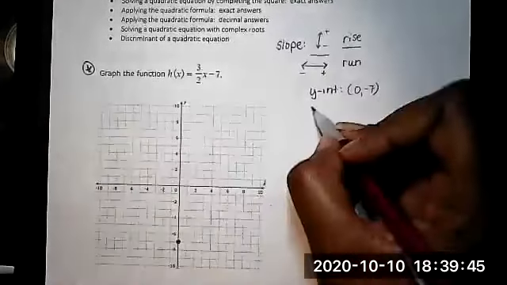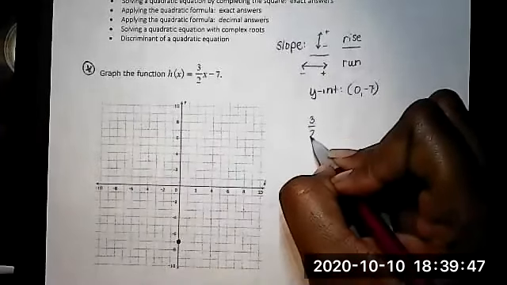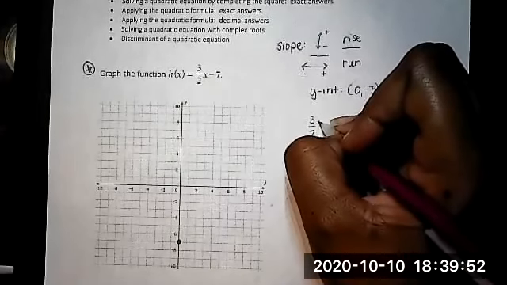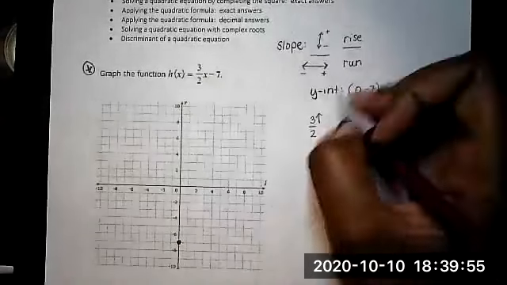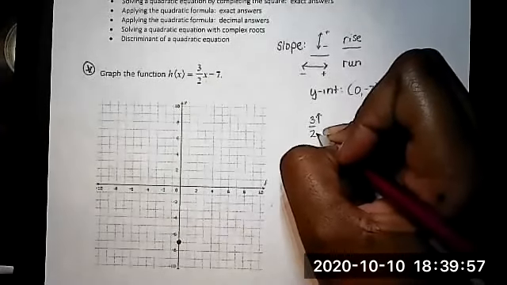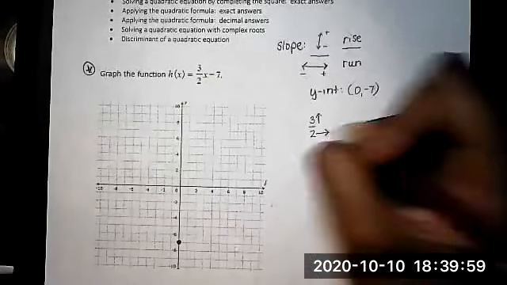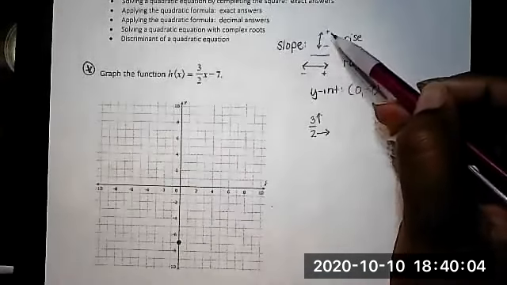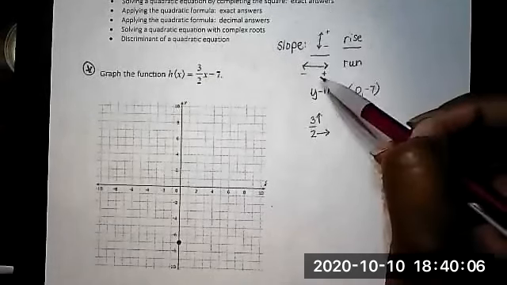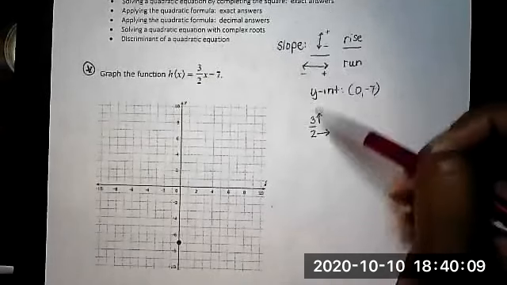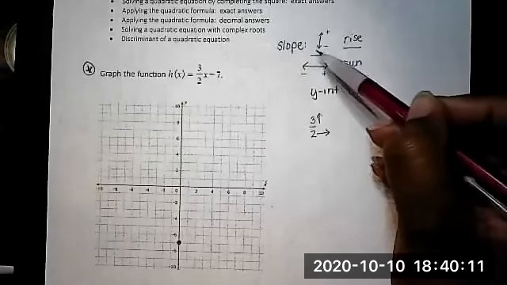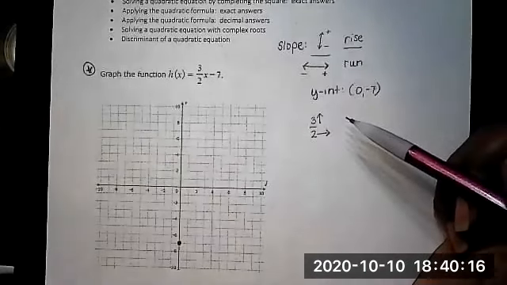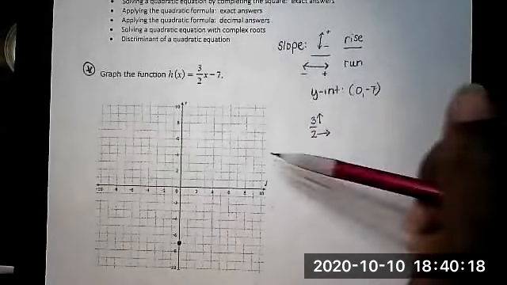And now we're going to use 3/2 to find our next point. So if 3 is positive, we're moving up 3. If 2 is positive, we're moving right 2. As I said here, up is positive, right is positive. If this number was negative, I'd move down or left, depending on what is happening there, and I'll talk about those as well when we move forward.